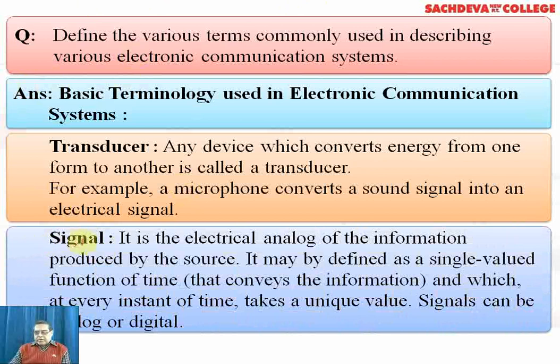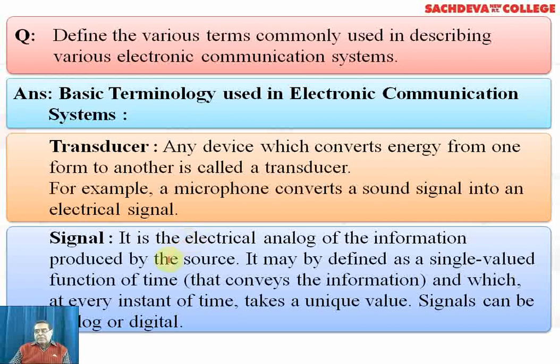Now we come towards the definition of signal. What basically is a signal? Signals are classified into two categories: one is an analog signal and the other is a digital signal. Analog signal is not very beneficial, so normally the communication is carried out with the digital signal.